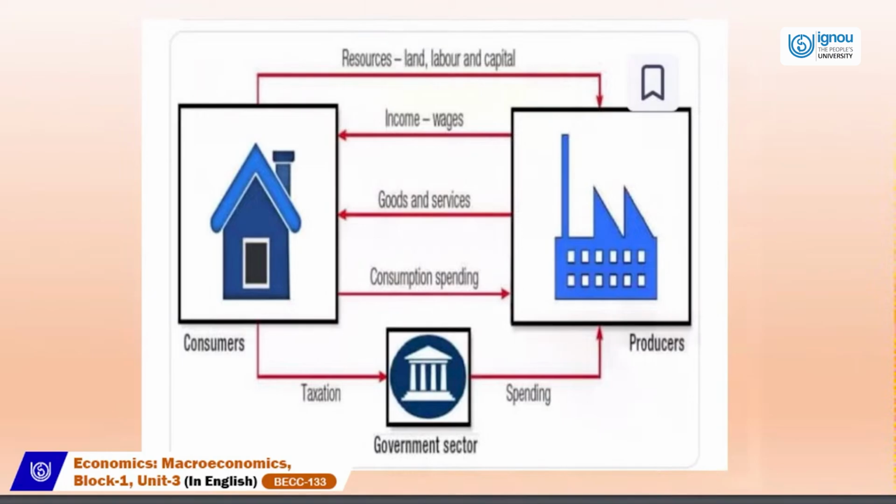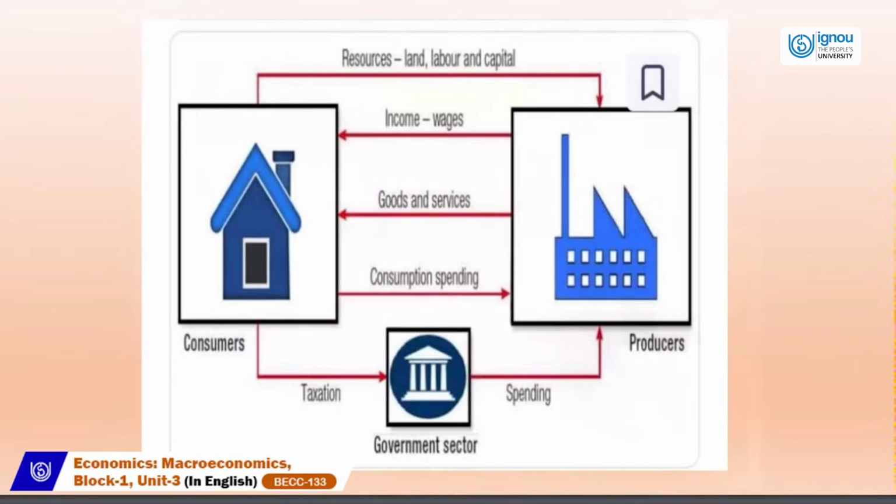Once the government receives the taxation, as you can see on the diagram, it is spent on the organizations and firms, which also include the households. The whole cycle remains the same: the household supplies the resources to the producers, and the producers provide income in the form of wages, interest, rent, or profit.